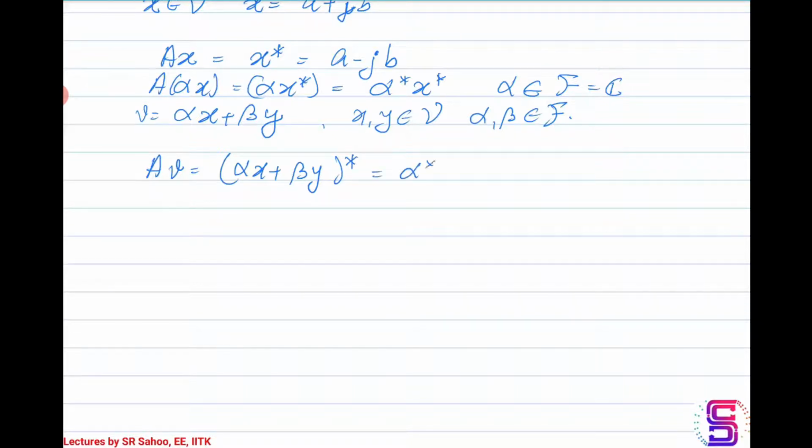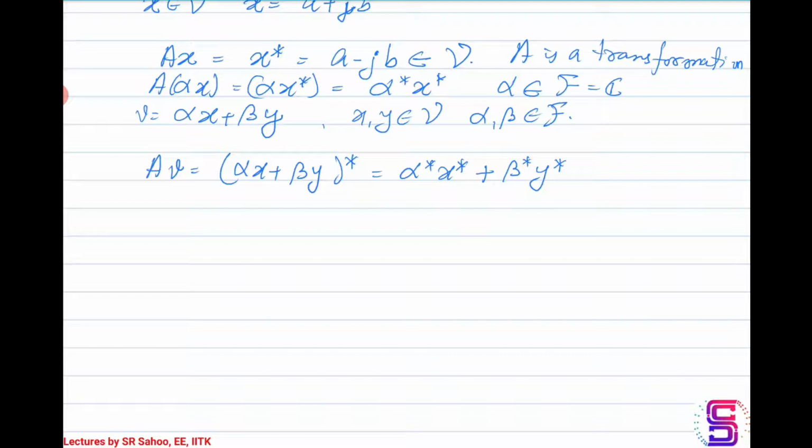It is alpha conjugate x conjugate plus beta conjugate y conjugate. By the way, A acting on x gives you x conjugate, and this belongs to the vector space. So A is a transformation.